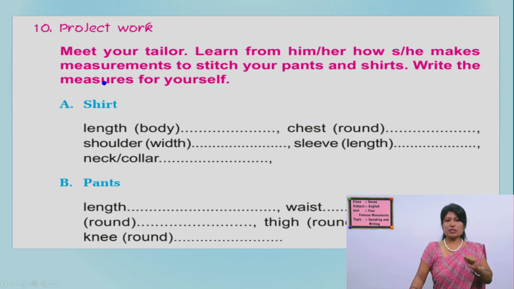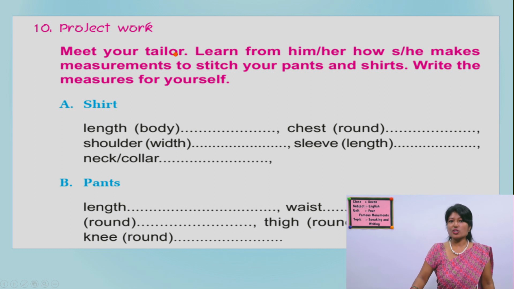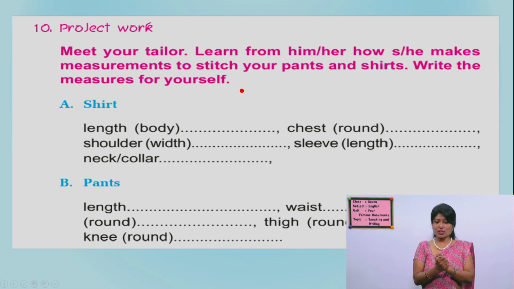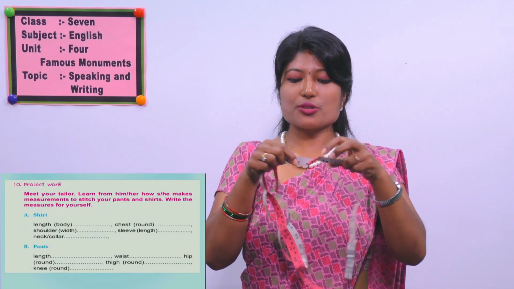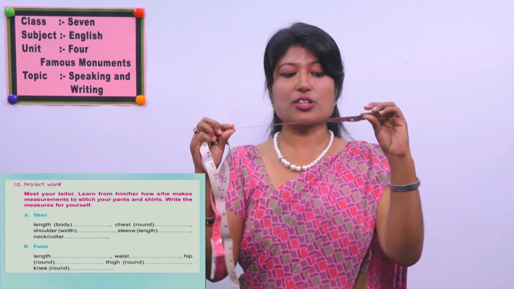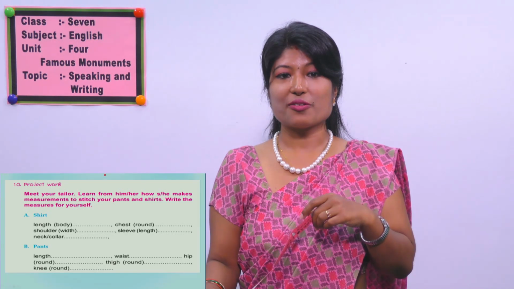What you have to do in this project work is meet your tailor. Learn from him or her how they make measurements to stitch your pants and shirts. Write the measures for yourself. So you go to a tailor. As I have already shown you this measuring tape, the tailor uses such a measuring tape to measure your length. Okay, what is here?